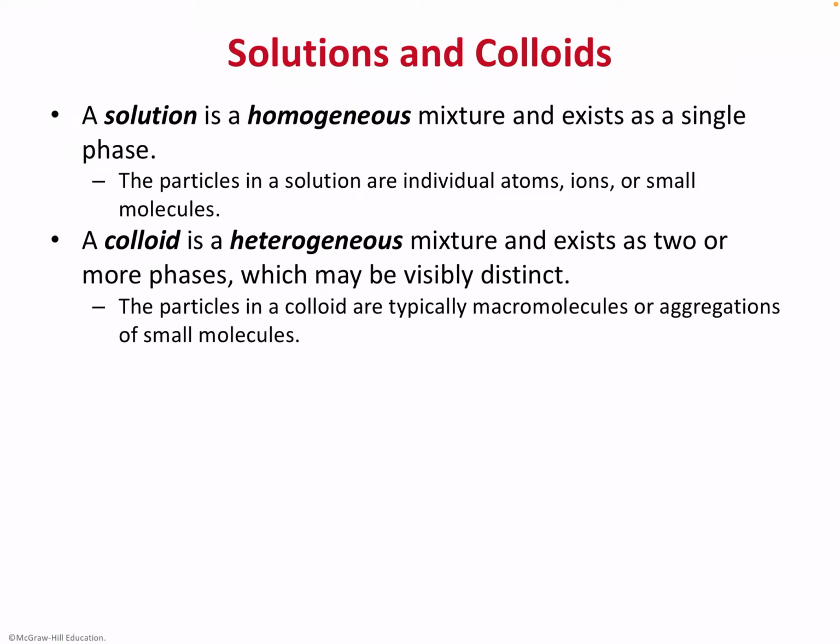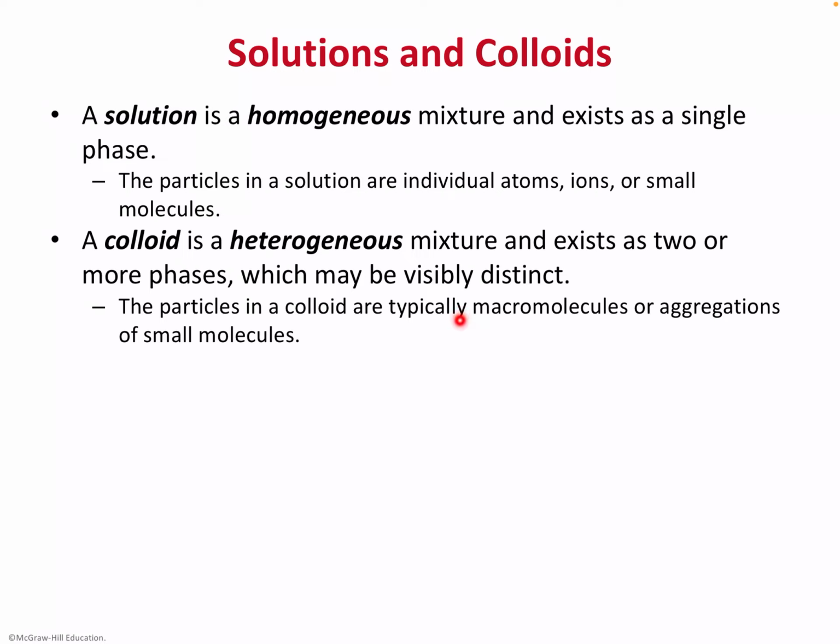A colloid, in other words, is a heterogeneous mixture and exists as two or more phases which may be visibly distinct. Can you give me an example of a heterogeneous mixture? What are some of the examples? Water and sand, right?